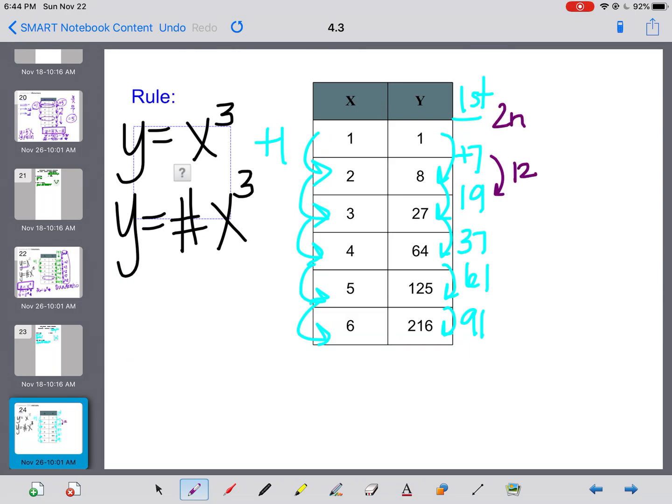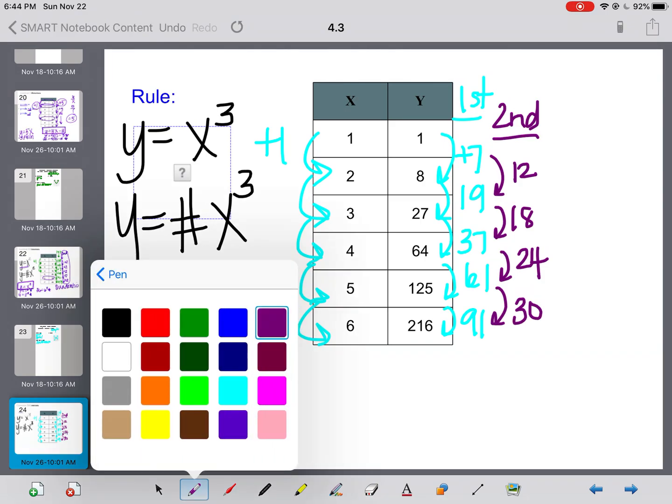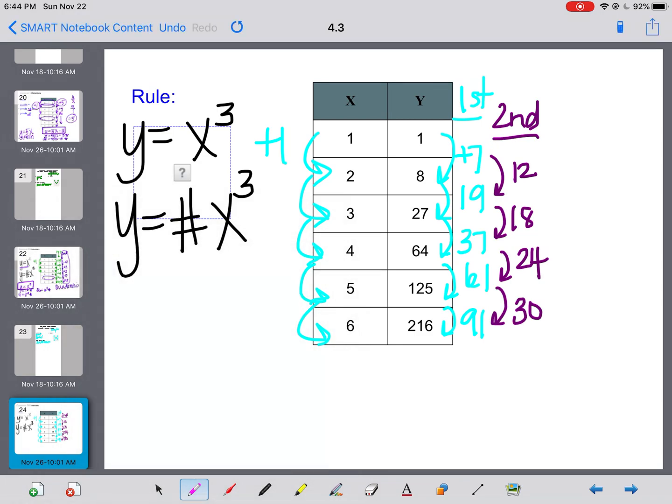Okay, well that was our first difference, so we know it's definitely not linear. If that doesn't work, I'm going to move out to the second difference. 7 to 19 is 12. 19 to 37 is 18. 37 to 61 is 24. And 61 to 91 is 30.